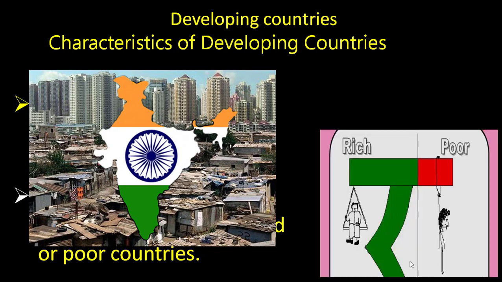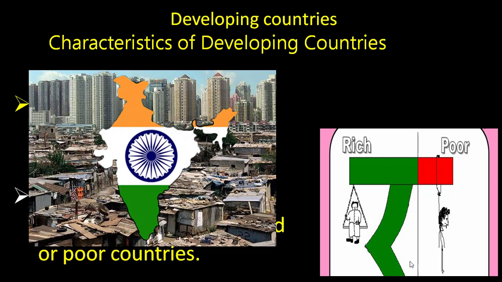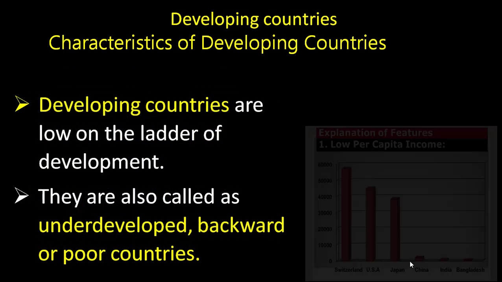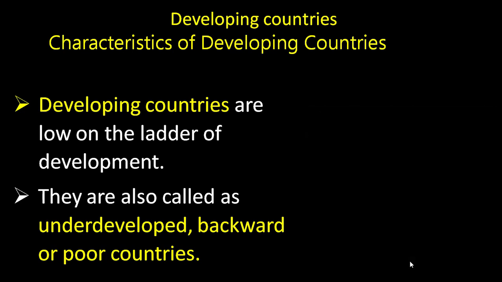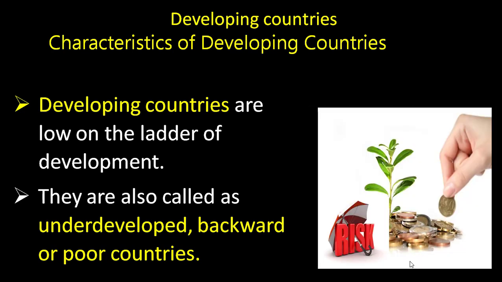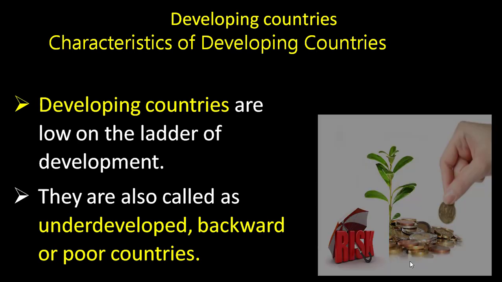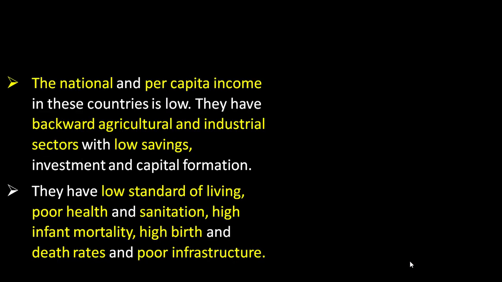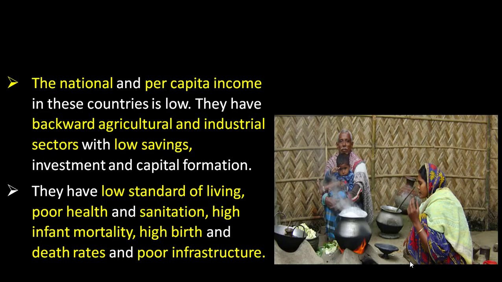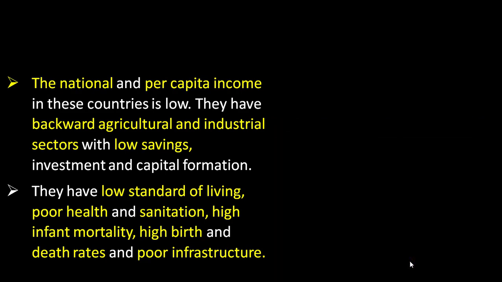Here are the pictures that explain the characteristics of developing countries. Obviously low per capita income, so investment is also very low, the risk factor is very high, and most probably the people depend on agriculture. These are generally identified in developing countries.